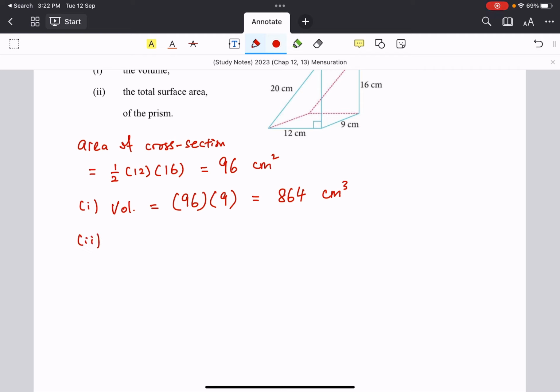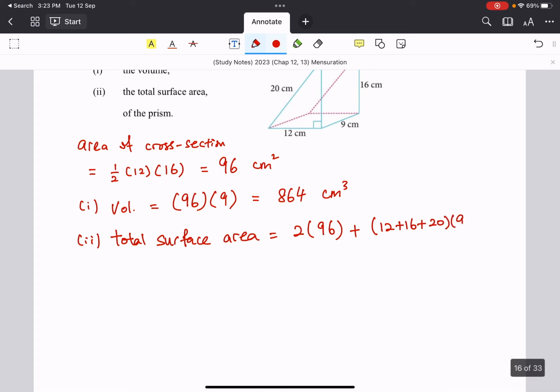So part 2. Now the total surface area, let me write it down. The total surface area will be 2 times the cross section plus the perimeter of the cross section, which will be 12 plus 16 plus 20, times the length.